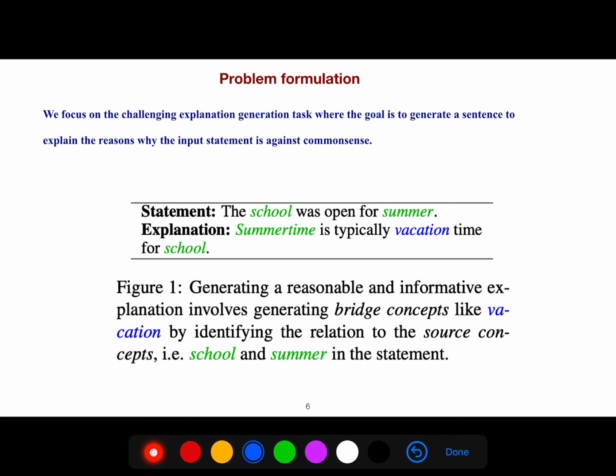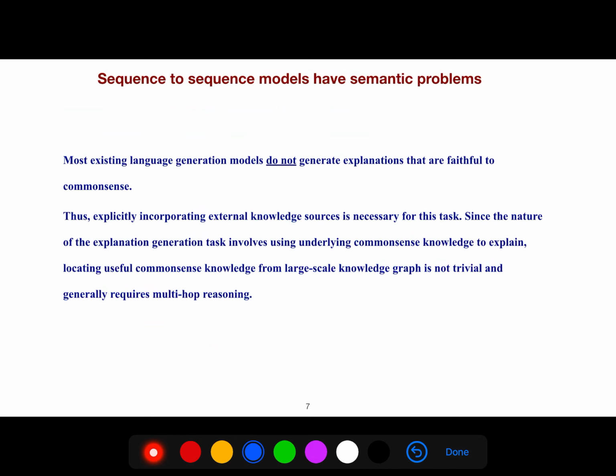So we focus on the challenging explanation generation task, where the goal is to generate a sentence to explain the reasons why the input statement is against common sense. But if you just use a sequence-to-sequence model, it has many semantic problems.